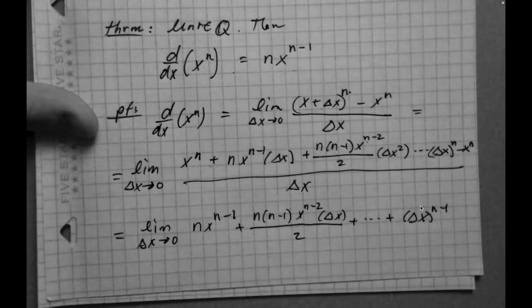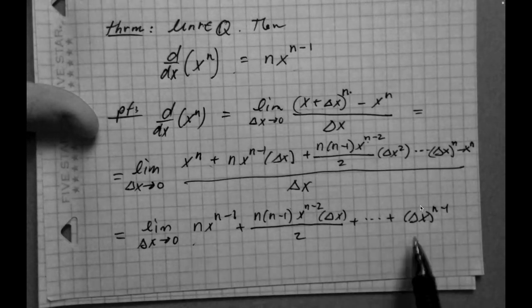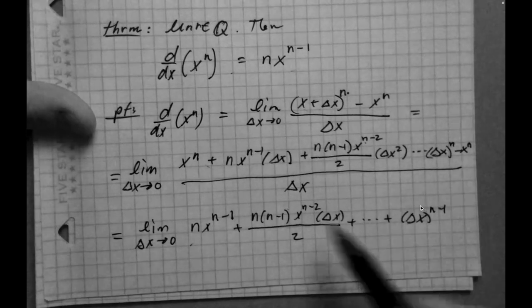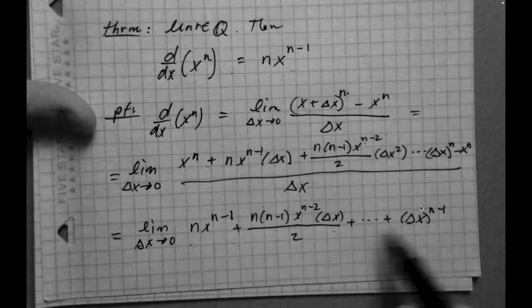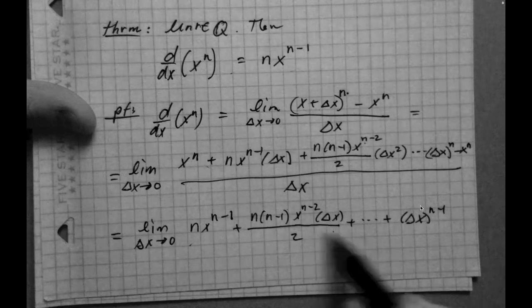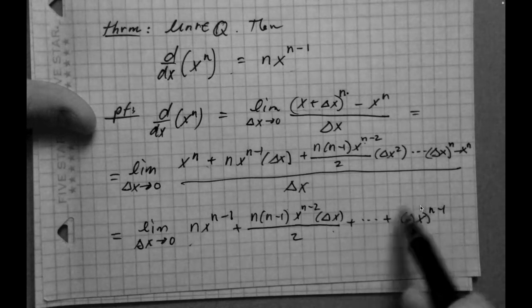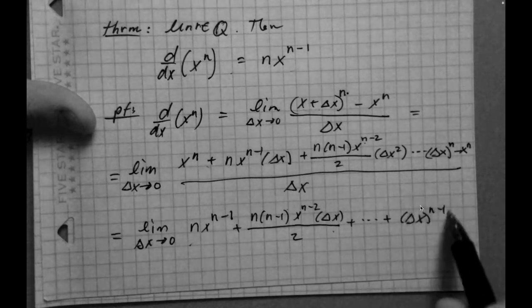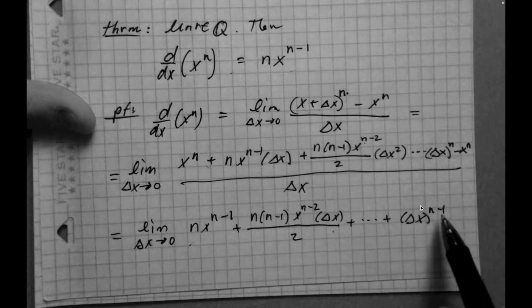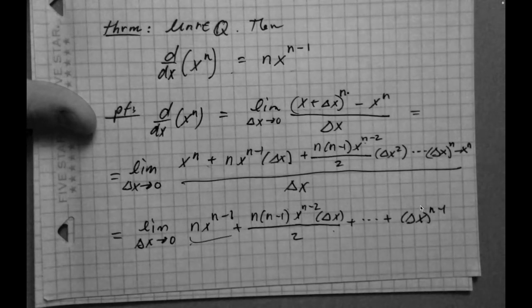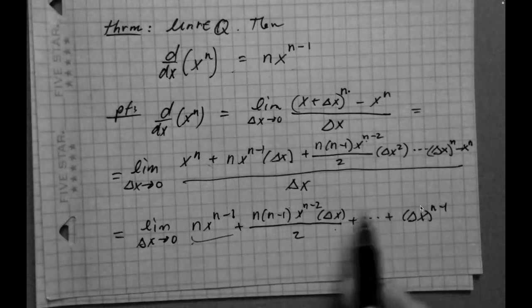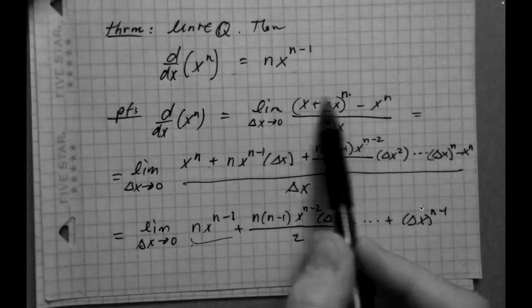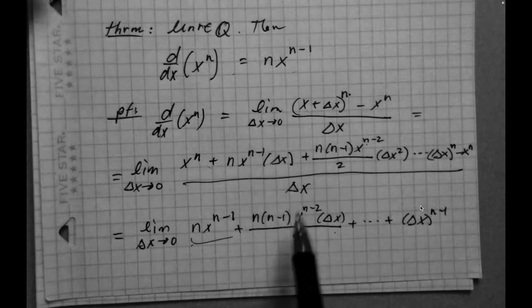Now what you'll notice here is that every term in this expansion has a delta x in it. You see one here, the next term would have delta x squared, and then delta x cubed, and so on, until the final term would be just delta x to the n minus 1. Except this leading term is the only term that doesn't have a delta x in it.